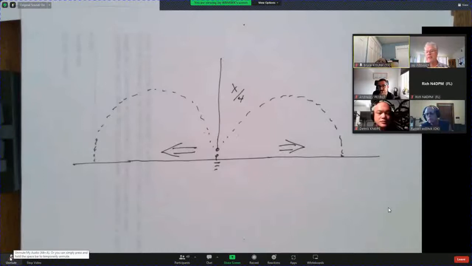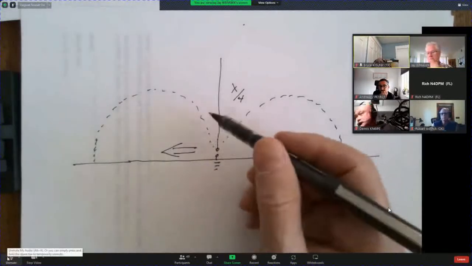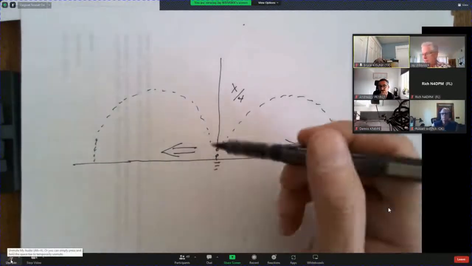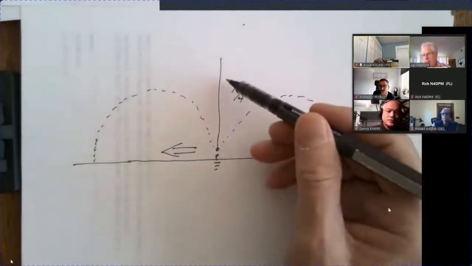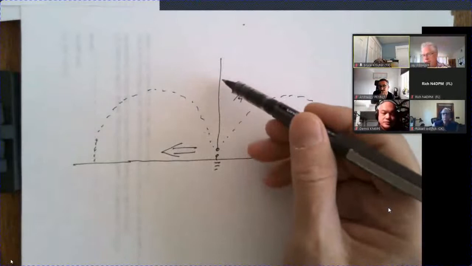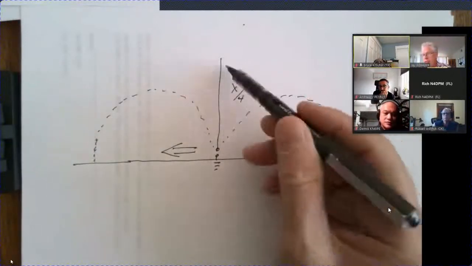No, if it's the same, see, there's the key here. The same current. Okay, remember. So it turns out that if you have the vertical, you have the shorter distance, don't you?